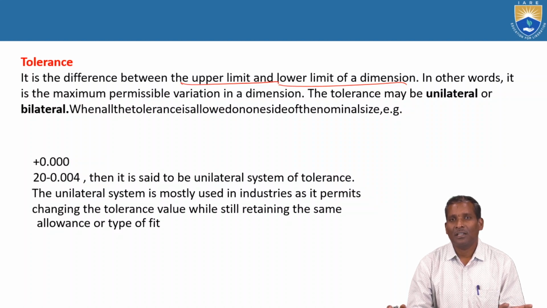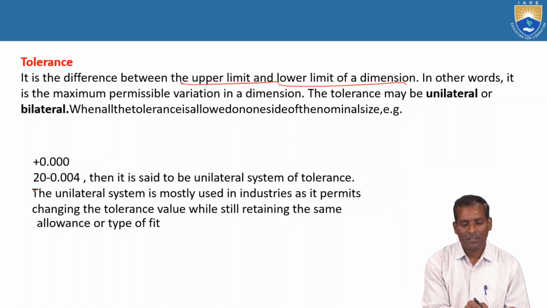The tolerances are again of two types: unilateral and bilateral. When all the tolerance is given on one side of the nominal size, that is called unilateral. When the tolerance is given on both sides of the nominal size, that is called bilateral.